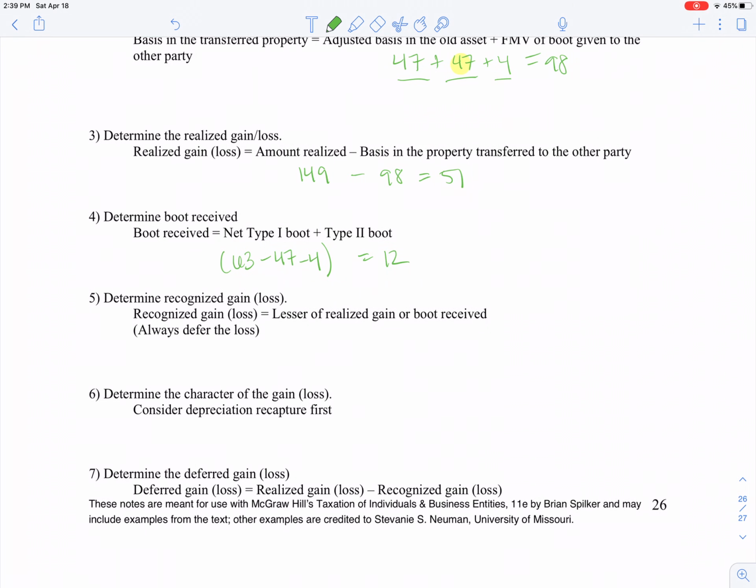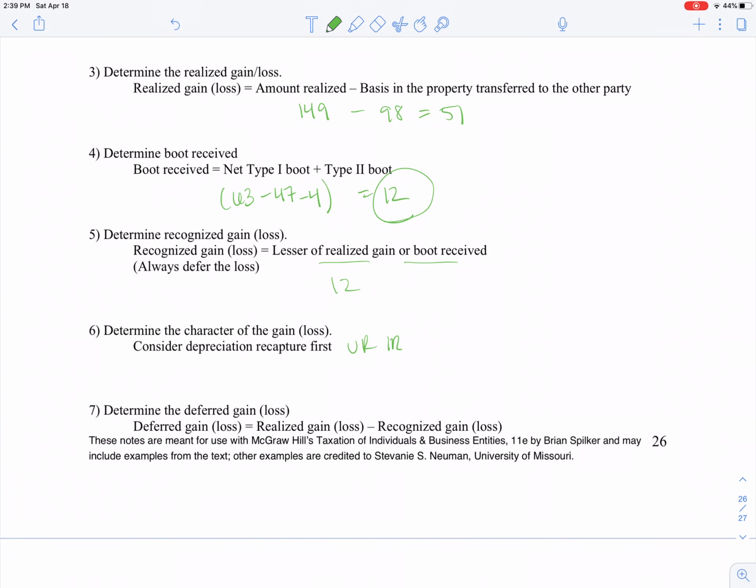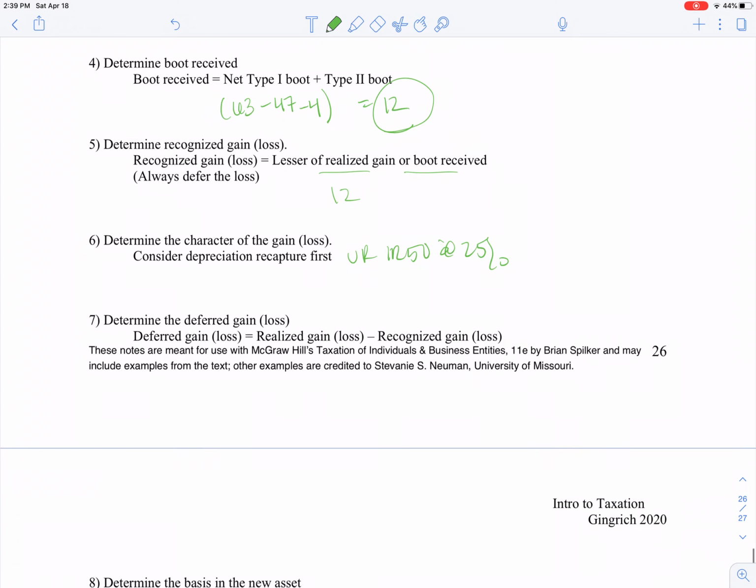All right, then we have the recognized gain or loss. So the recognized gain or loss is the lesser of the realized gain or the boot received. So we have 12 that we're going to use there. The character is the unrecaptured 1250 at 25%. And then the deferred gain or loss is the 51 minus the 12, or 39.